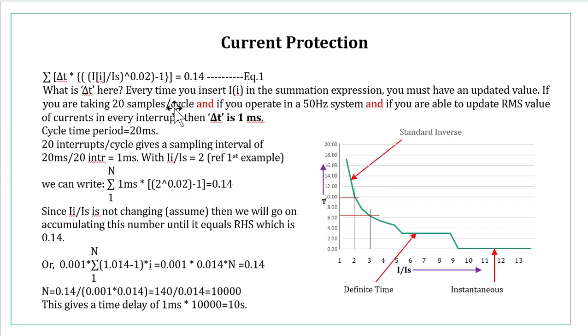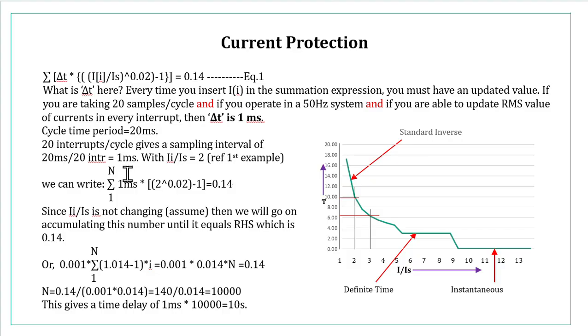If you are taking 20 samples per cycle, and if you operate in a 50 Hz system, and if you are able to update the RMS value of currents in every interrupt, then delta t is 1 millisecond. How? Cycle time period is 20 milliseconds, and suppose you are issuing 20 interrupts per cycle. It gives a sampling interval of 20 milliseconds upon 20, which is equal to 1 millisecond, which means that an interrupt is coming every millisecond.